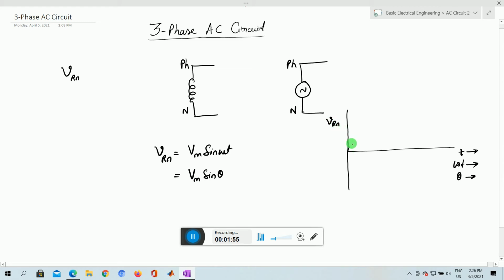Now we can plot a sine wave, and say that this is 2 pi, this is pi, and this is 0. So far you all know for a single phase we talk about VRN and we get this type of waveform, where this height, the maximum value, is given as Vm, the peak value.